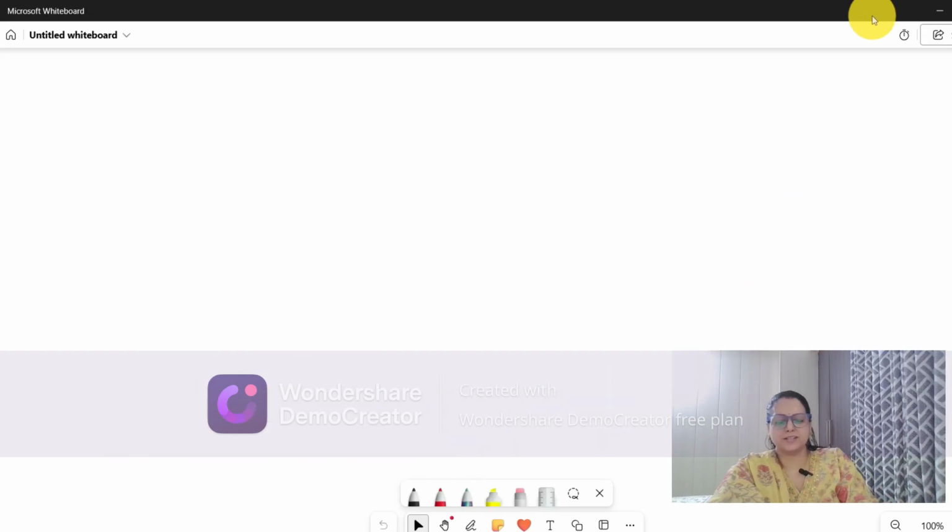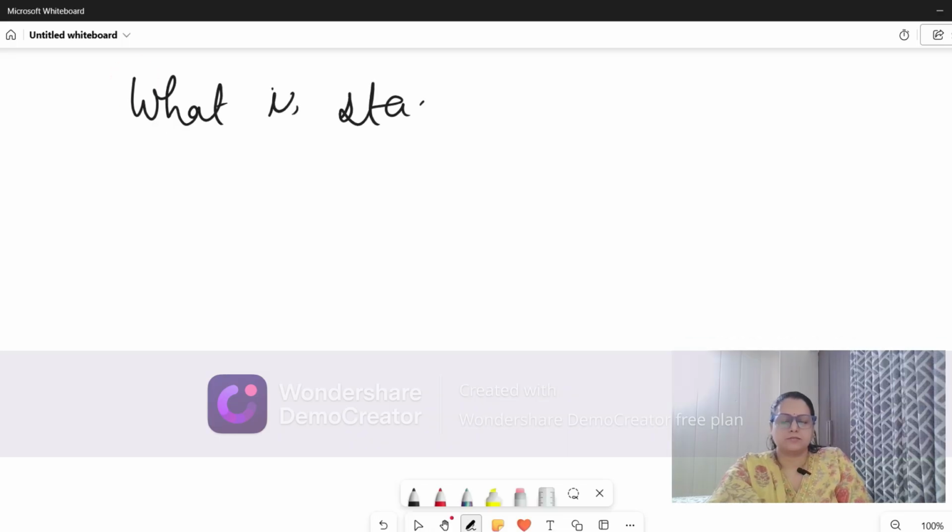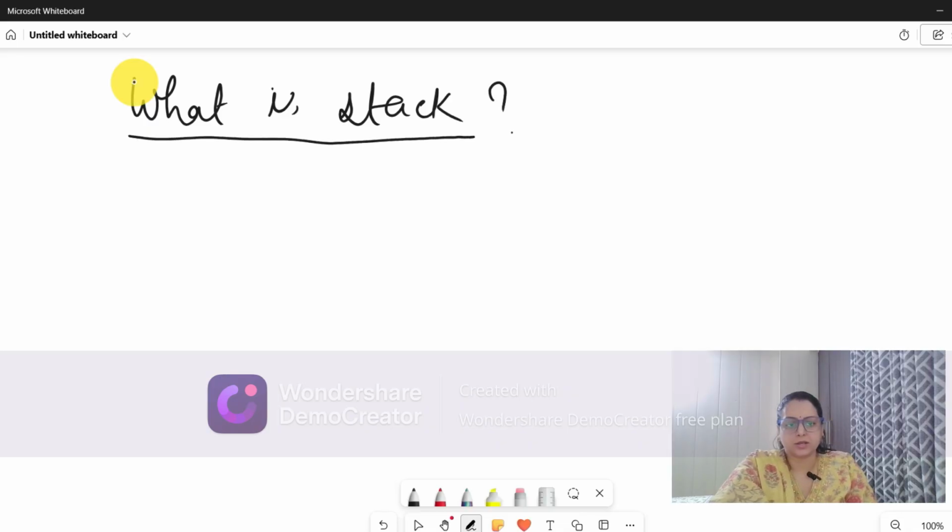So our first point is what is stack? We will explain by the diagram so that the data structure will be explained easily. First of all, any data structure we have in our memory has some structure, like whether it will be graphical or hierarchical or tree structure or linear.